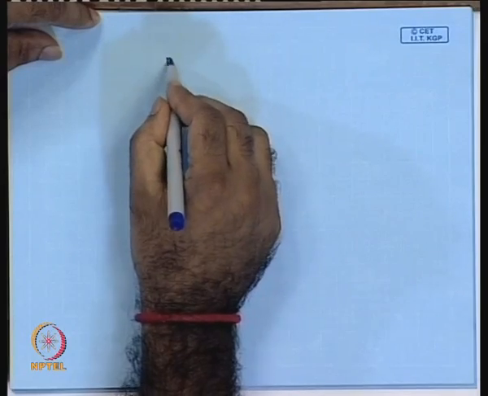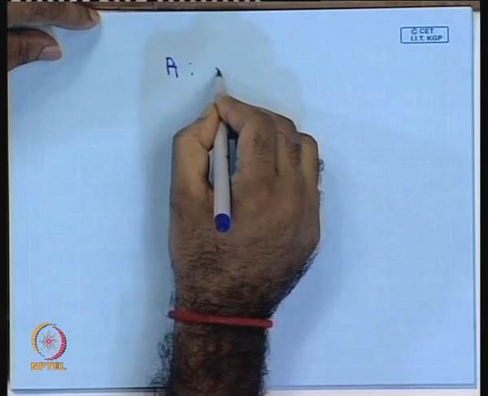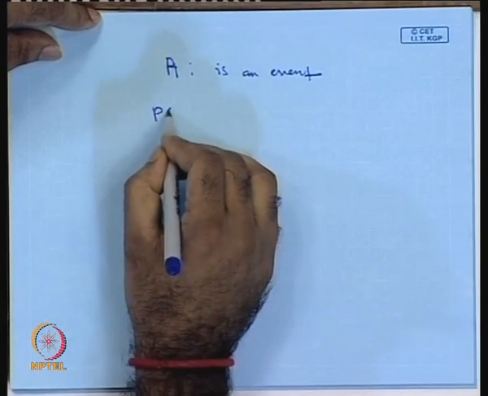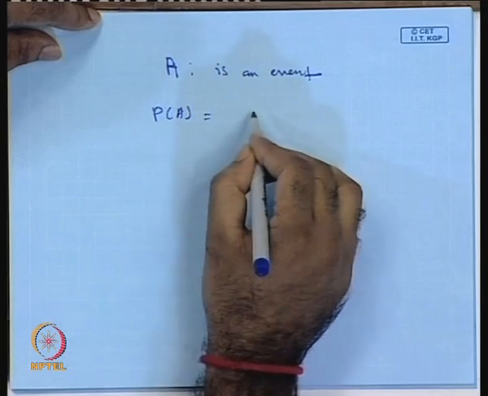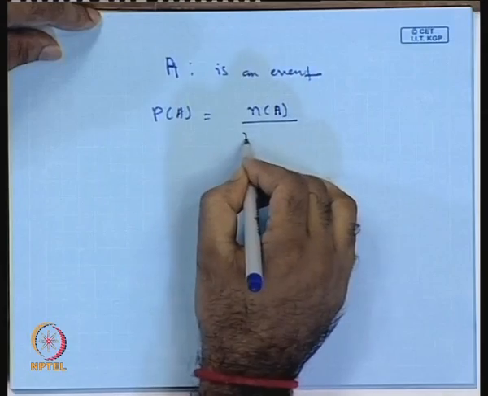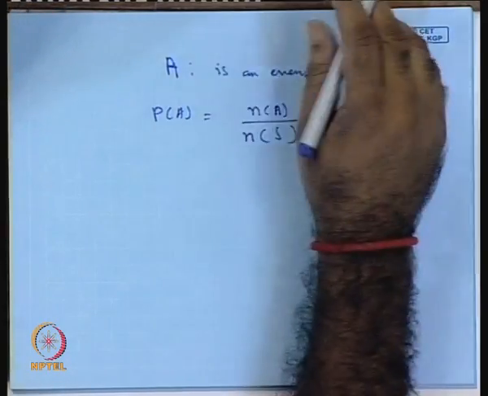Generally, for a particular event, let us assume that A is an event. Then probability of A is measured as the number of favorable outcomes divided by the number of possible outcomes. That means the total number of possible outcomes in a system and the number for a particular event. The ratio is called the probability.